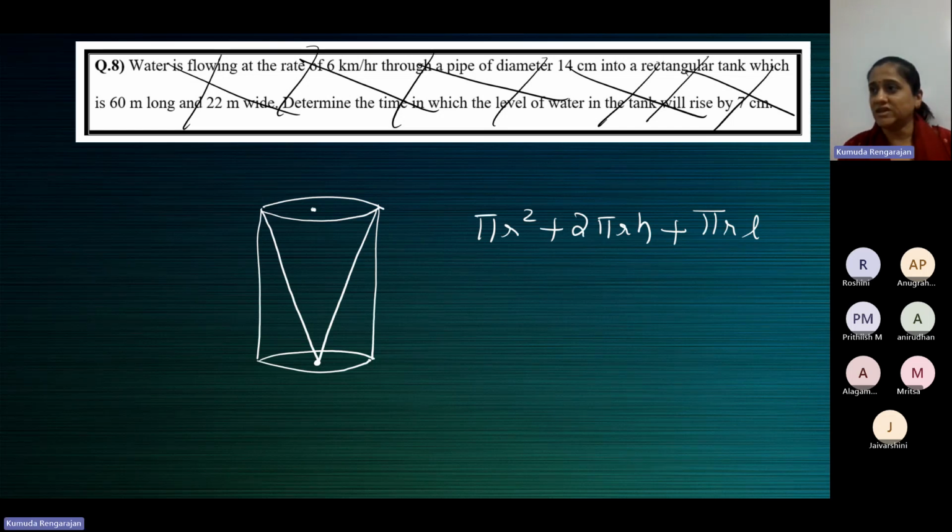To find surface area, you should think of the surfaces. Just imagine you have to paint the remaining solid. So just think of the surfaces which you have to paint. You can even start from the inner cavity. The order is not important. So pi RL you'll paint. Then outside you have to paint the CSA of the cylinder.